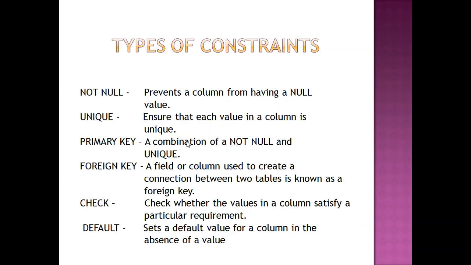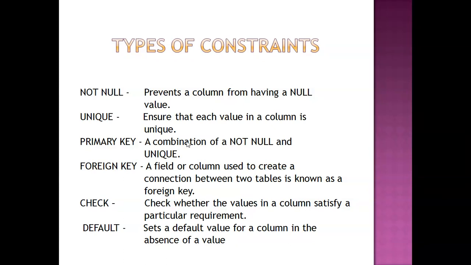So let's see how many types of constraints we have. There are many more, but I have just taken some important and highly usable ones. First is NOT NULL. If I apply the NOT NULL constraint, it will prevent entering any null value in a database.